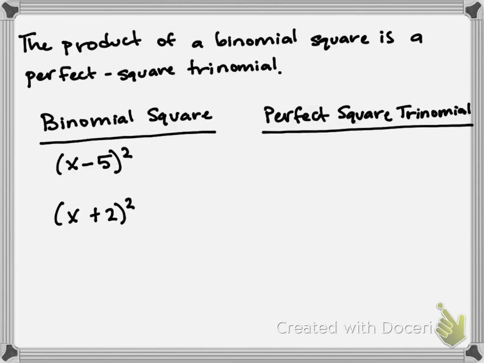All right, as a quick review, the product of a binomial, remember bi means two, so the product of a binomial square is a perfect square trinomial. So if we look at our first binomial square here, what would we get if we had the quantity x minus 5 squared? Well, remember, when we square something, we multiply it by itself.